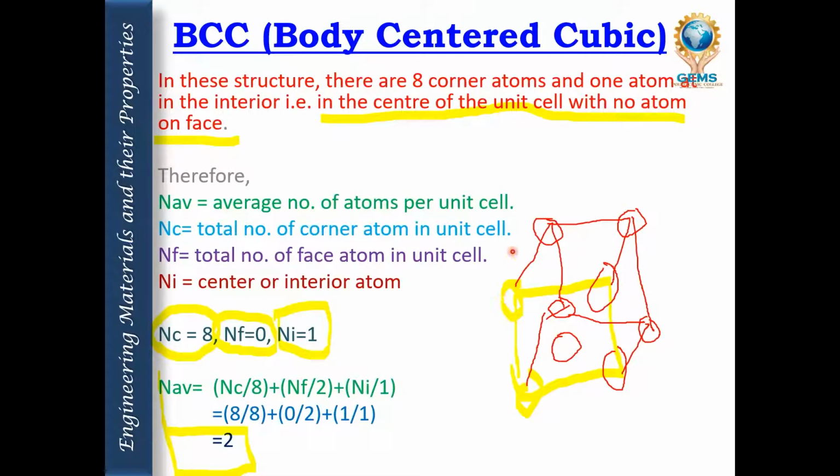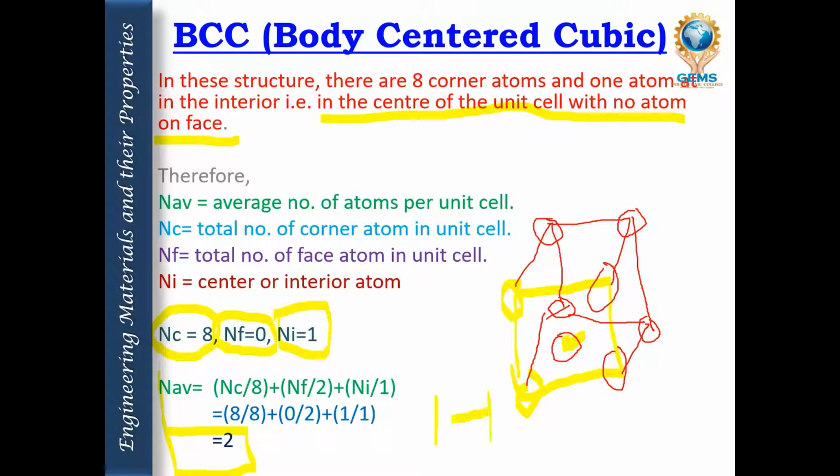So 1, 2, 3, 4, 5, 6, 7, 8. These 8 atoms, the total number of corner atoms, make a single atom. So the total 8 atoms become 1, and the center atom becomes 1.